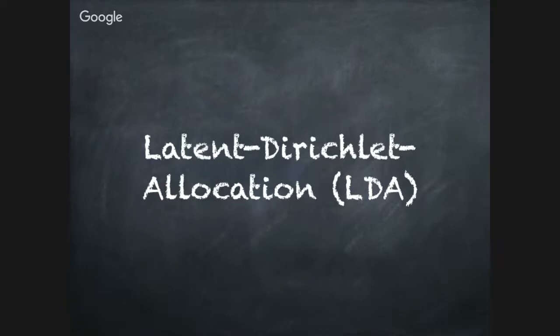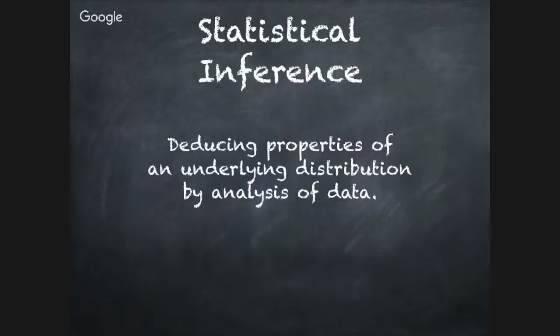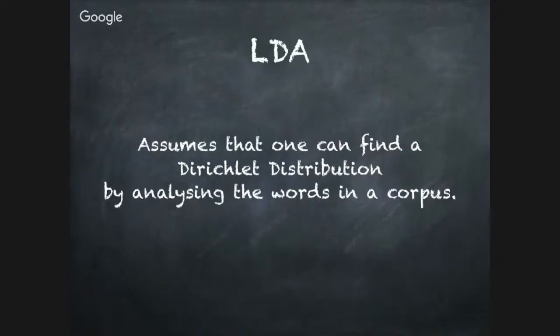So we say for the generation of this text, there was a Dirichlet distribution that is hidden. And that is a process of statistical inference, so deducing properties of an underlying distribution by analysis of the data. That's what statistical inference means. That is what lies under it.